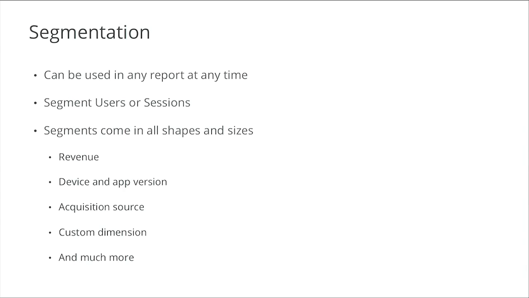You can define segments for users, segments for sessions, and segments based on just about any Google Analytics dimensions and metrics that you can think of: revenue, device type, even custom dimensions. Once you've defined these segments, you can apply them to any reports at any time. You can even use more than one of them together to compare between them.